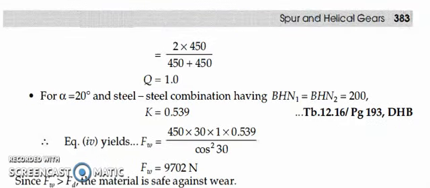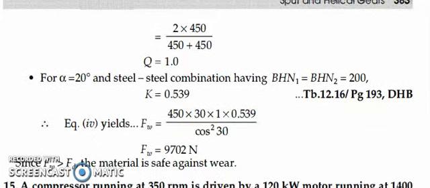The values for q and k we can calculate. Q can be calculated using that equation, and the value of k is directly taken from table 12.16. Then Fw is equal to 450 into 30 into 1. Using this equation we will get Fw is equal to 9702 Newton, which is greater than Fd. So again the material is safe.